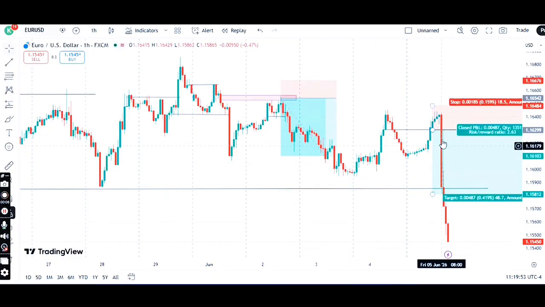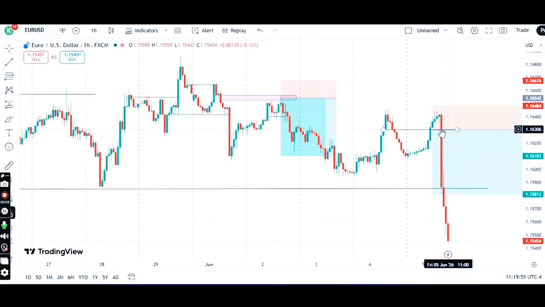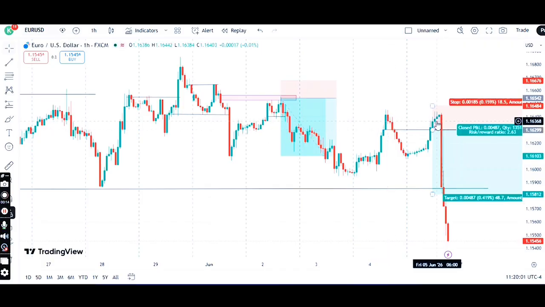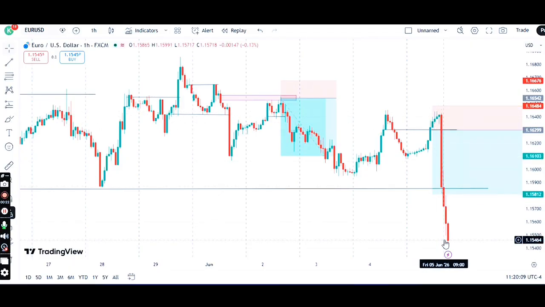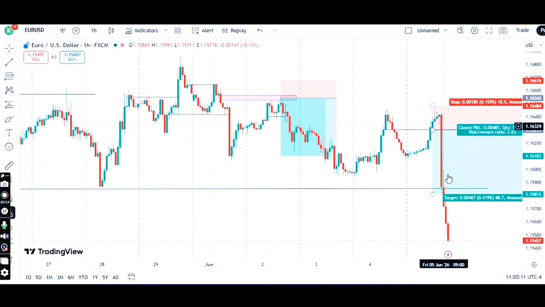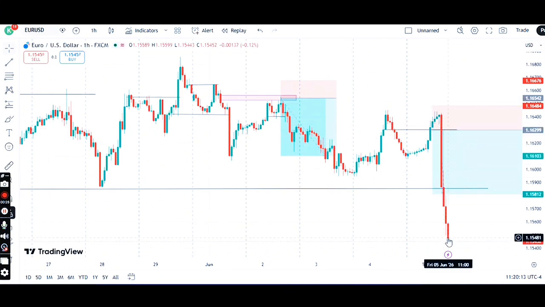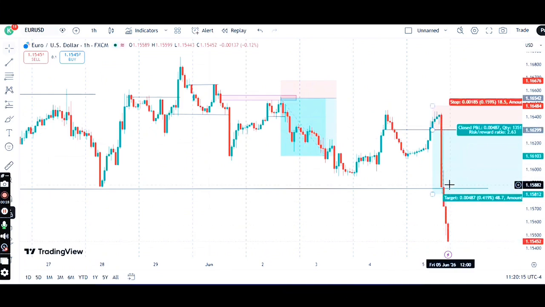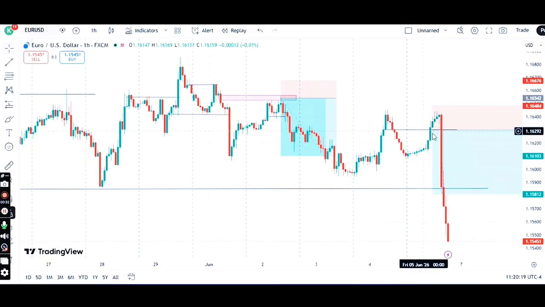I told you that I will enter the market at this particular point. The market returned to this particular order block I told you about. As you can see from this point, there are a lot of rejections from these candles that were formed before this impulsive movement. This impulsive movement is due to news because today is Friday and it is NFP. So that is exactly what I did, and that is how I trade.